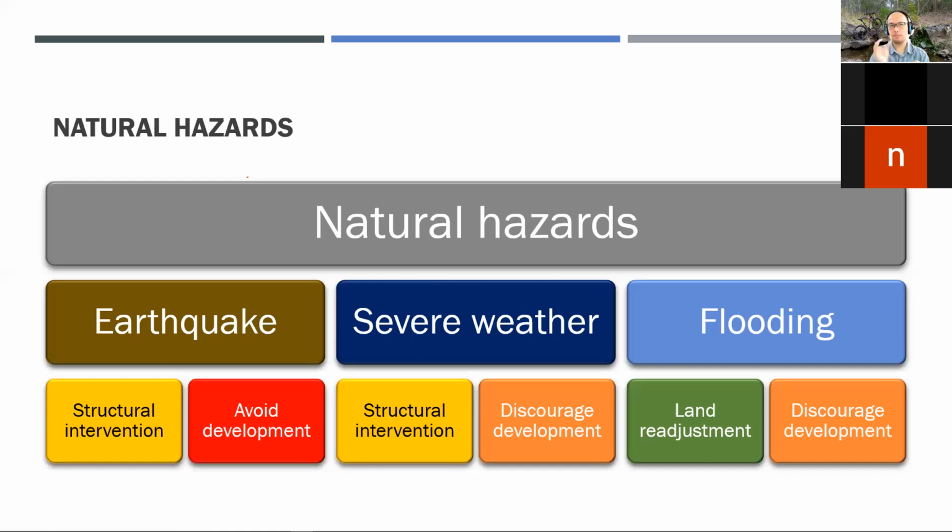Over the last couple of days, people have been talking about a tropical cyclone, Seroja, that passed through the eastern part of Indonesia, and other than that, we also have tsunami and earthquake potentials.